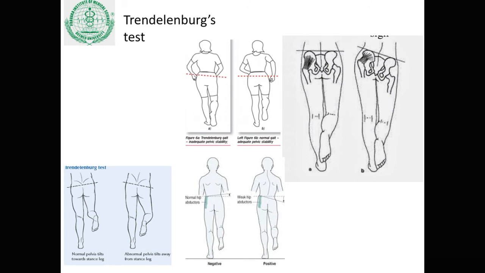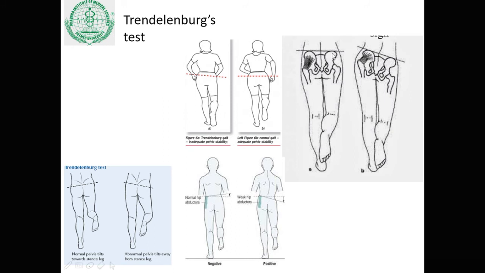But if there is weakness of the gluteus medius, minimus, obturator, pyriformis and or quadratus femoris of the limb which is on the ground, then the pelvis of the unsupported side will drop.